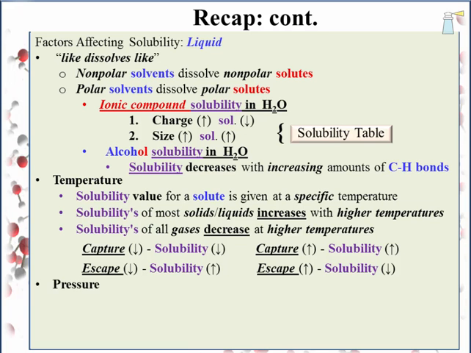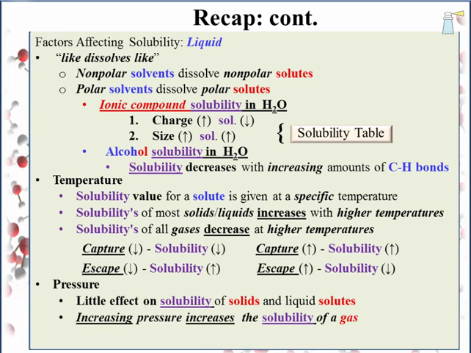As for pressure, it has little effect on the solubility of solids and liquid solutes. However, increasing pressure increases the solubility of a gas. The relationship that describes the proportionality between the solubility of a gas and the pressure imposed by that gas is called Henry's law. The proportionality constant Kh is found in a lookup table.